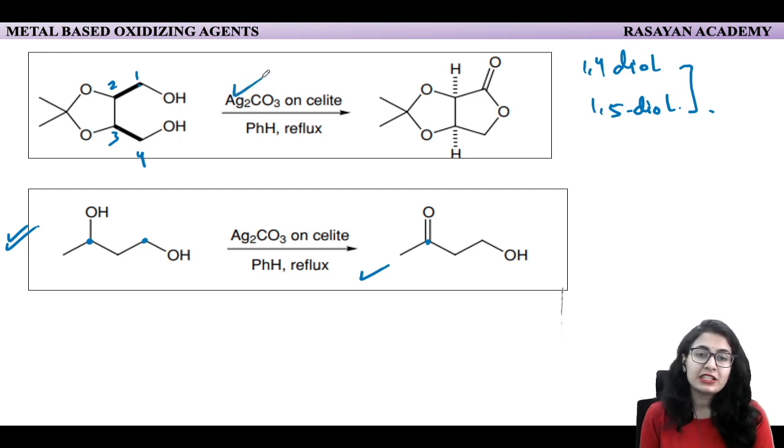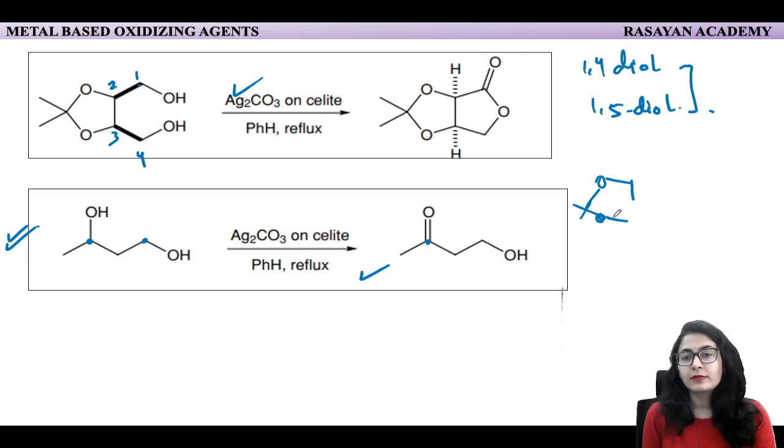Let's say Ag2CO3 has oxidized one alcohol, and it has got converted to a carbonyl like this, for example. Alright, the bond is going to be over here, and one of them is oxidized, for example like this. So this other alcohol is going to attack here, the bond opens up.